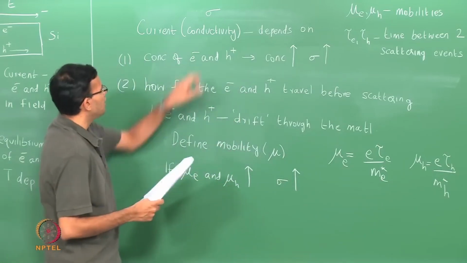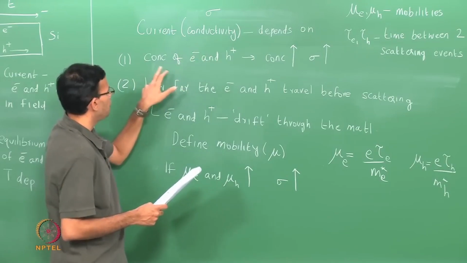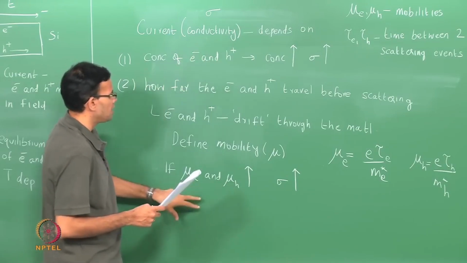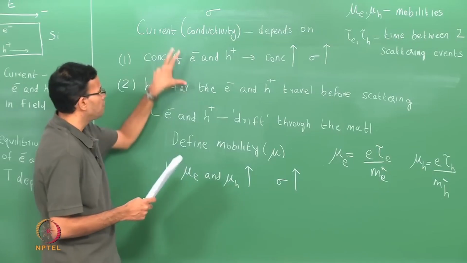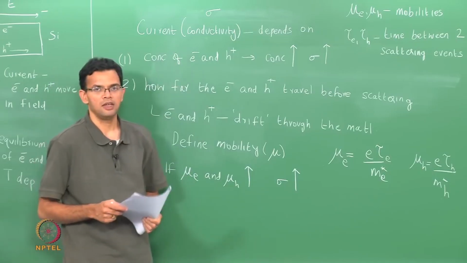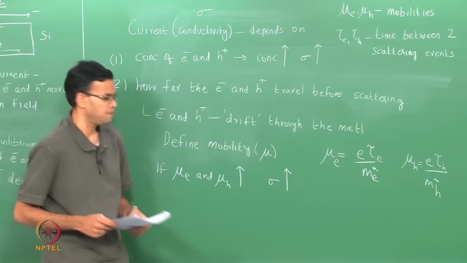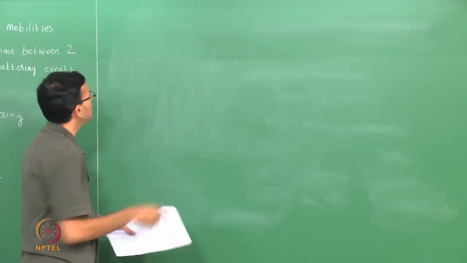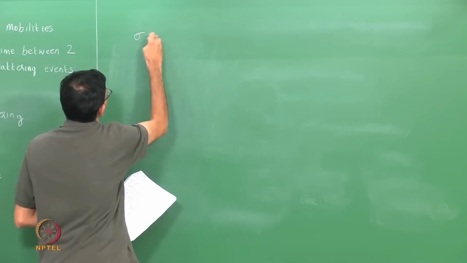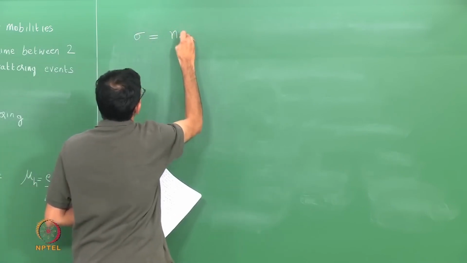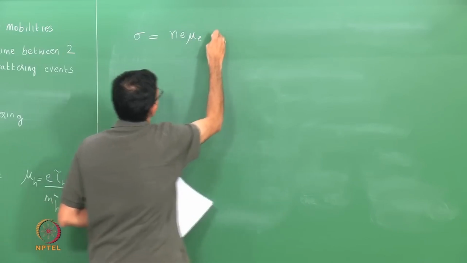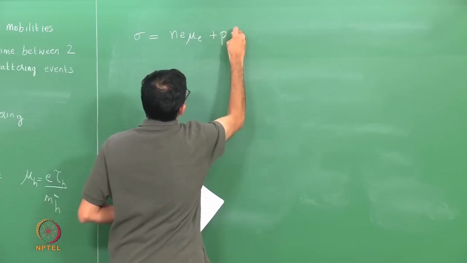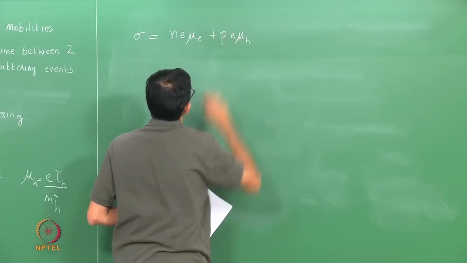So, we saw that the conductivity depends on two terms, one is the concentration, the other is the mobility. We can put these together to write an equation for the conductivity. If sigma is the conductivity, then sigma is nothing but n e mu e plus p e mu h.